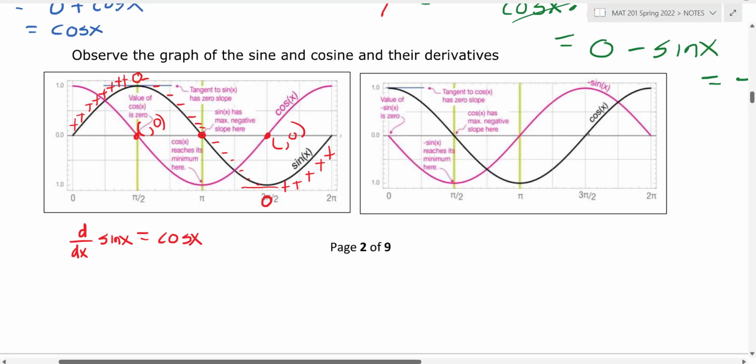And it works the same way here. What we learned is the derivative of the cosine x is negative sine x. So if you take the sine x graph, which is in black here, and reflect it, it becomes this pink graph right here. Again, it's the same thing. Slope of the tangent line 0, therefore x-intercept on the derivative.